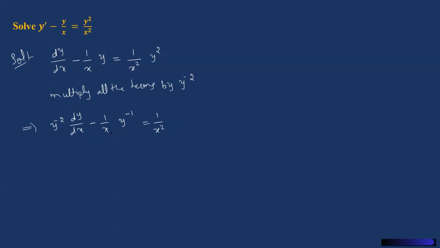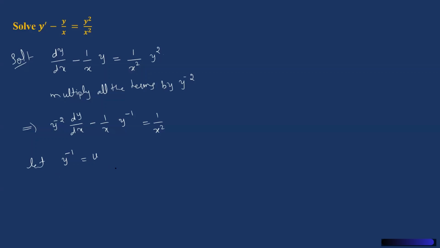Now as we discussed till now, we should have the coefficient of this as 1, and moreover we should have exactly a dependent variable here. You don't have a dependent variable here, you see. So to get a dependent variable, I'll take this y power minus 1 as some other variable. Let y power minus 1 be equal to some u.